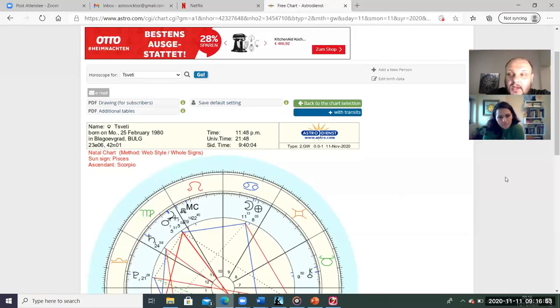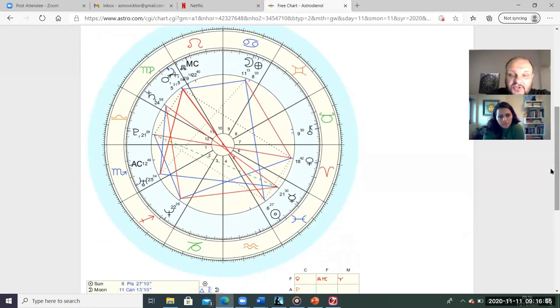If you are unsure how to determine a day chart or a night chart, basically you just take the horizon, the sunrise and the sunset. The sunrise is going to be the rising sign, and the sunset is going to be the descendant. Imagine there is a line there. If the sun is above the horizon, then it's a day chart, and if it's under the horizon, then it's a night chart. So Tsveti, for instance, has a night chart.